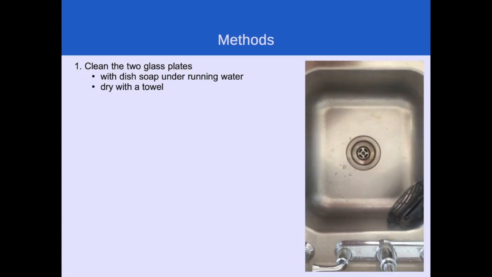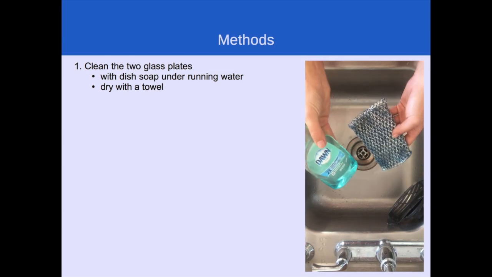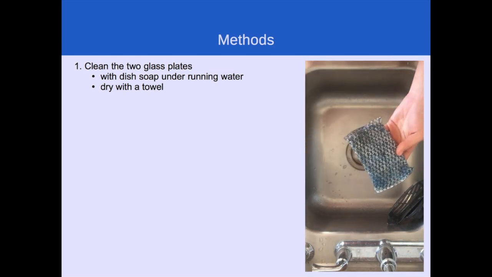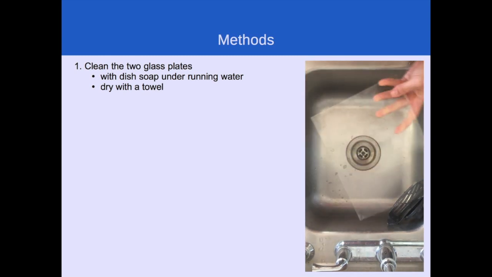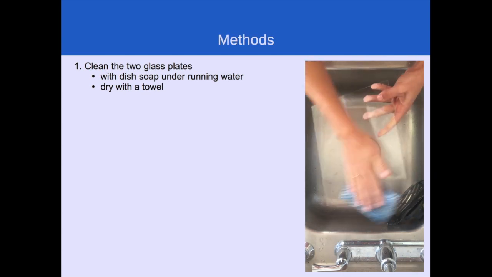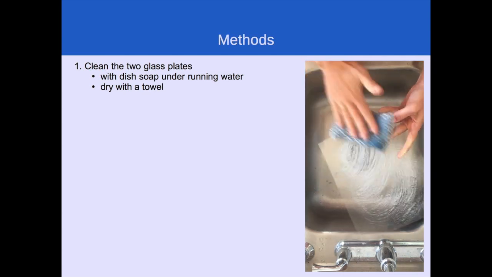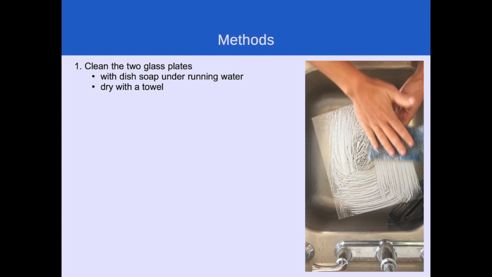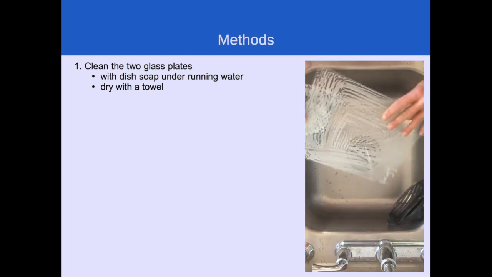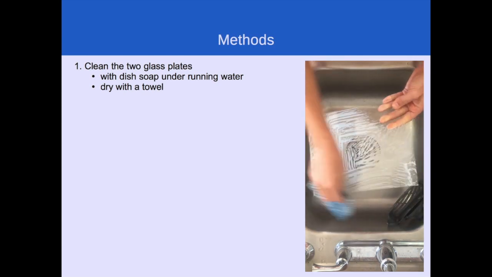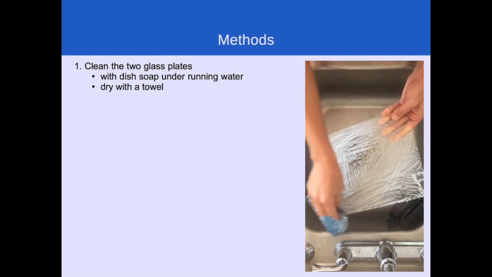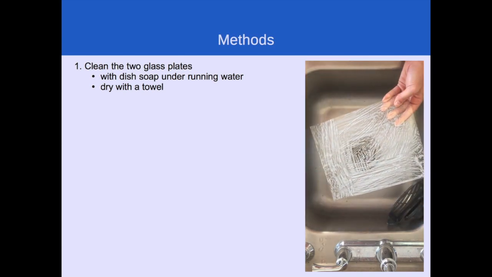First, we want to make sure that both glass plates are cleaned thoroughly, because we want a free path for the water column to rise on our glass plates, without any impurities. So you want to use the dish soap to get rid of all the grease and fingerprints or little fibers on the glass plates.